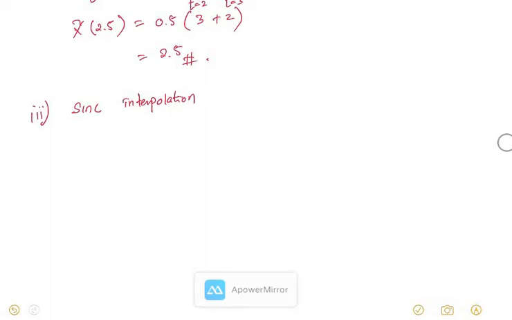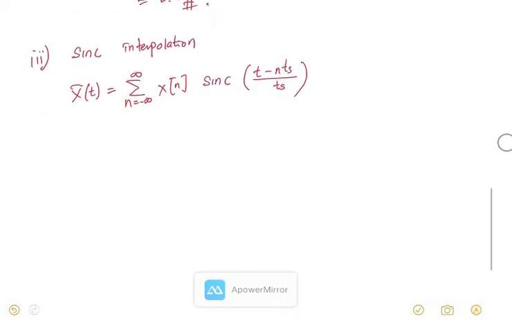So the formula for the Sinc interpolation is the summation from minus infinity to infinity of x[n] sinc((t - n Ts) / Ts).